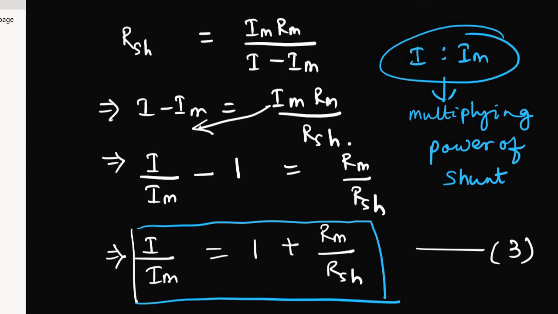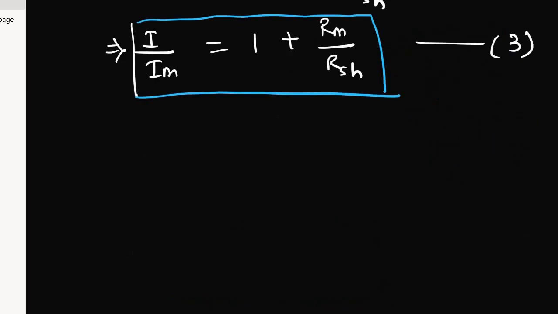Now, how do we find the shunt resistance? That is also very easy to find. As we already deduced the formula, the ratio between I and IM is called the multiplying power of the shunt.